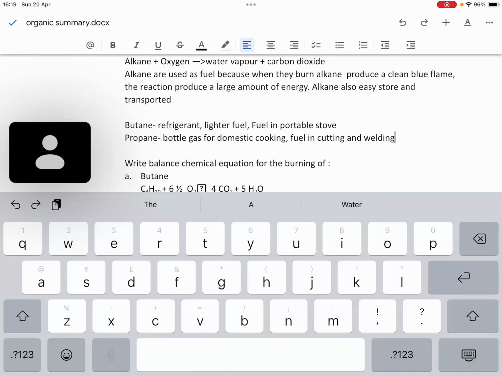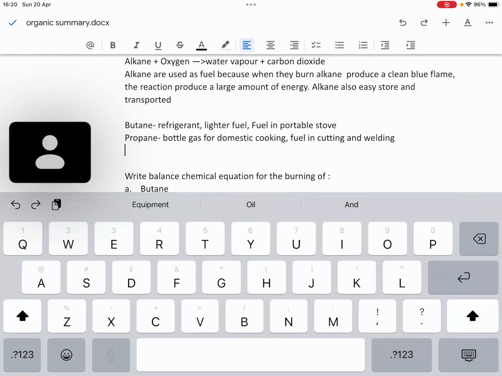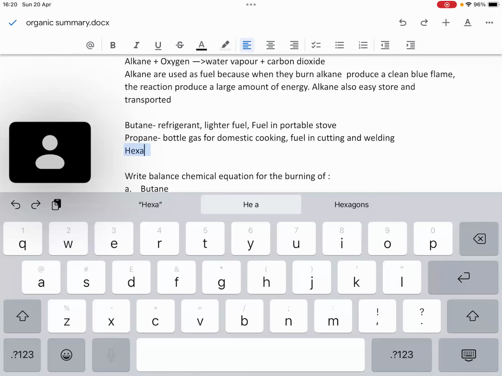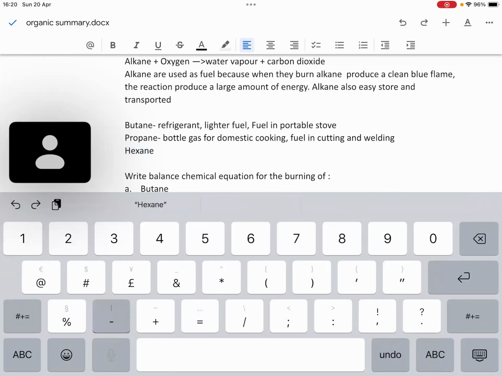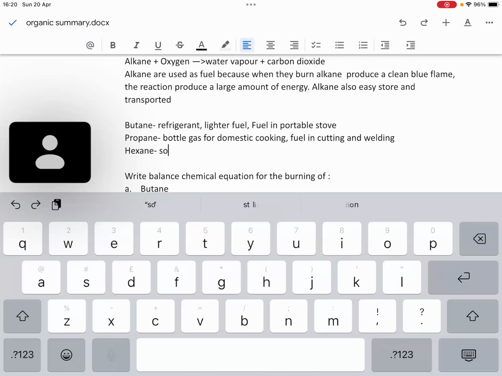I'm not supposed to memorize the rest of them. So hexane, just because hexane was on last year's paper, is used as a solvent and can make glue.